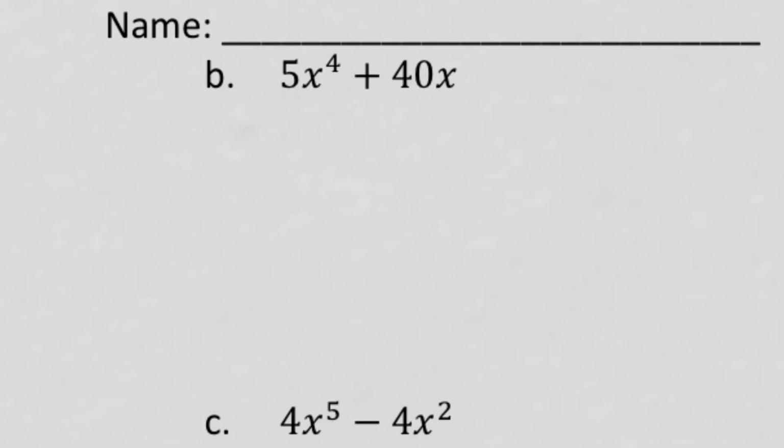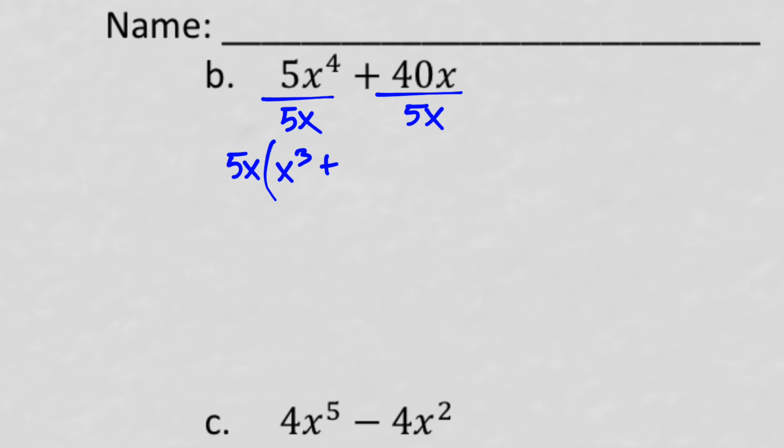Let's do it again. B, 5x to the fourth plus 40x. The first thing you got to notice there is that they have something in common to factor out. So factor out the GCF. They both are divisible by 5, and also they both have x. So factor out 5x. When you factor out 5x, for the first one, all you have is x cubed.